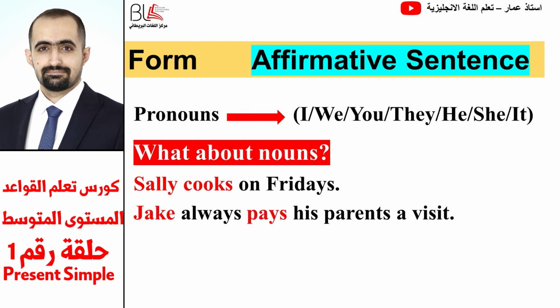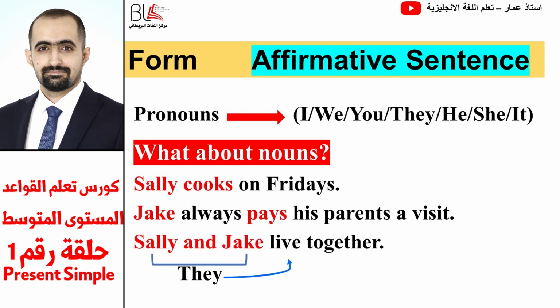Jake always pays his parents a visit. Sally and Jake live together. Again, Sally and Jake means they, and they live. They doesn't take s because there are two, Sally and Jake. بما أنه شخصين عندنا Sally و Jake وليس شخص واحد، فبالتالي لا نضيف s للفعل.